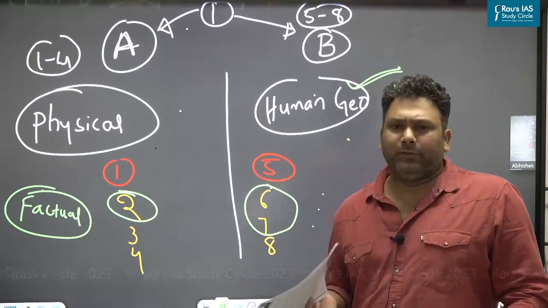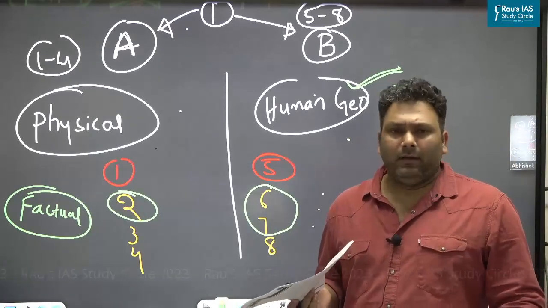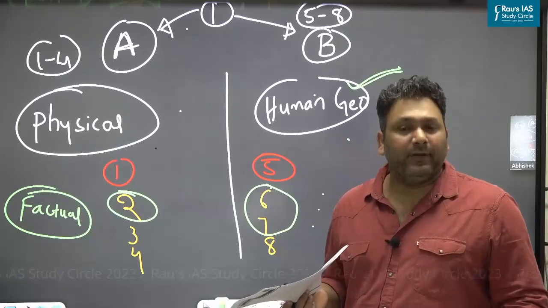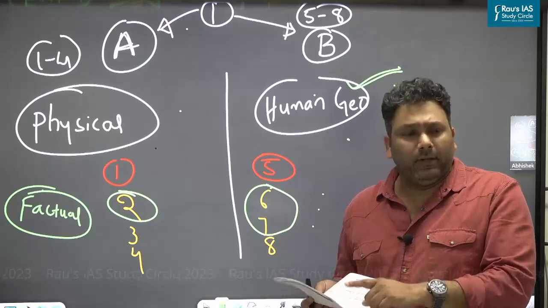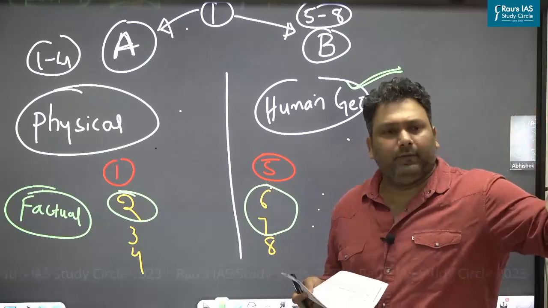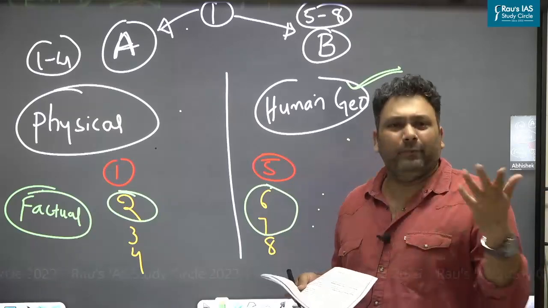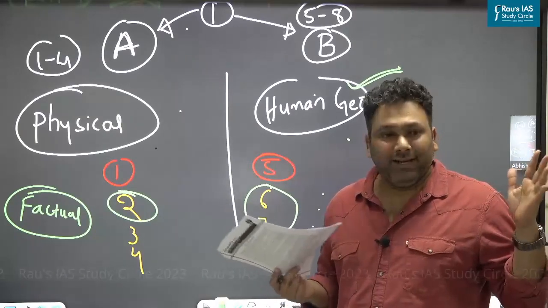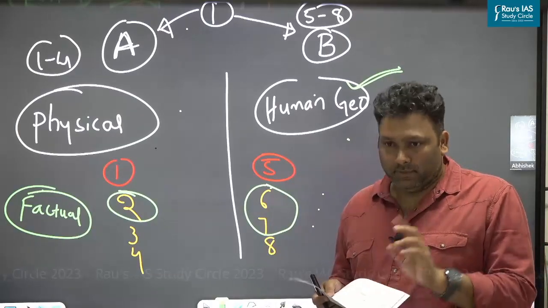If I'm talking about something like possibilism, something like determinism, until I talk about certain theories which have been developed in geography, unless you have read all the theories in geography, you won't be able to categorize these theories into possibilism or determinism. So if I'm teaching you this in the beginning, it will be like Greek and Latin to you. You won't understand much. So that's why I'll be taking this chapter at the end.